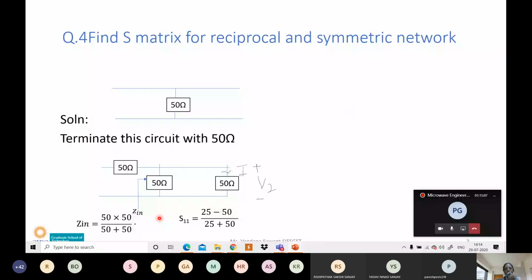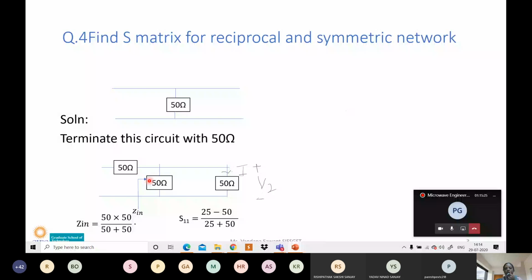This is our sum. We are terminating it with 50 ohm on both sides. After terminating with 50 ohm, our first step is to find out S11. To find out S11, we require the Zin value. For Zin, we are looking inside the circuit from this point. Looking inside from this point, this 50 ohm and this 50 ohm will be in parallel to each other.